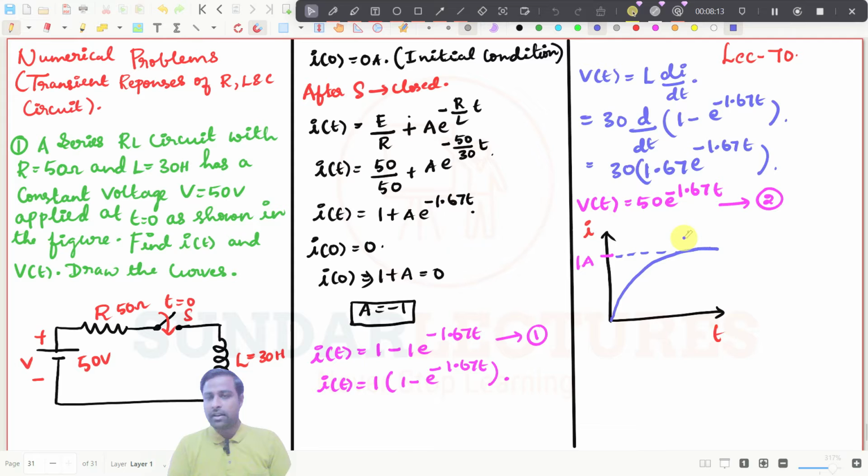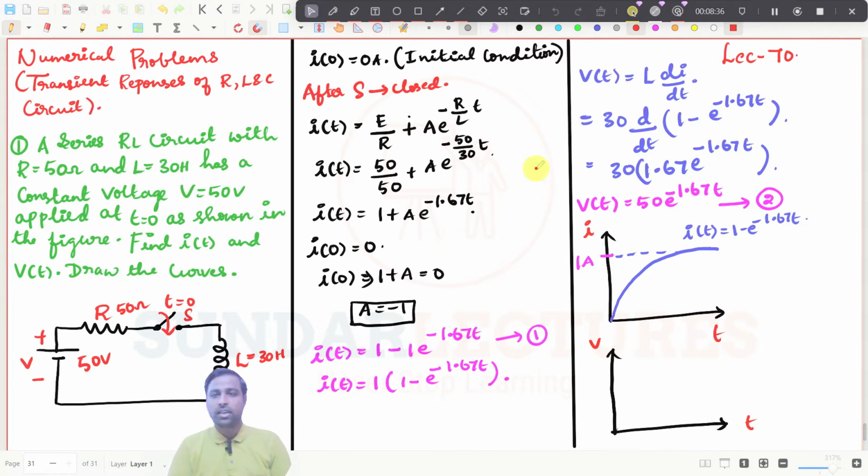This curve is nothing but I of t, which is equal to 1 minus e power minus 1.67 t. So this is the curve for current. For voltage, this is the x-axis and this is the y-axis, with t and v. What is the value?